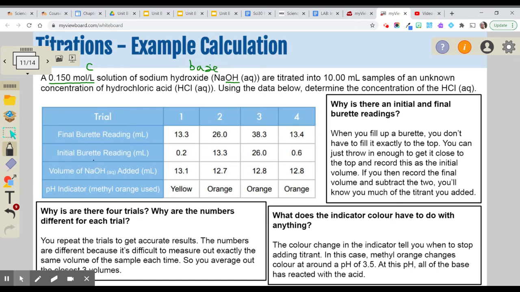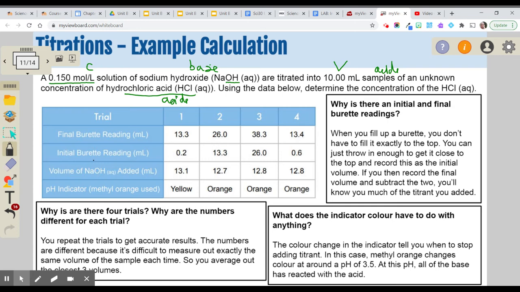They are titrated into 10 milliliter samples. Our sample is of an unknown concentration of hydrochloric acid. So this is our acid, and our sample is our acid, and there's a volume. Using the data below, determine the concentration of the hydrochloric acid.